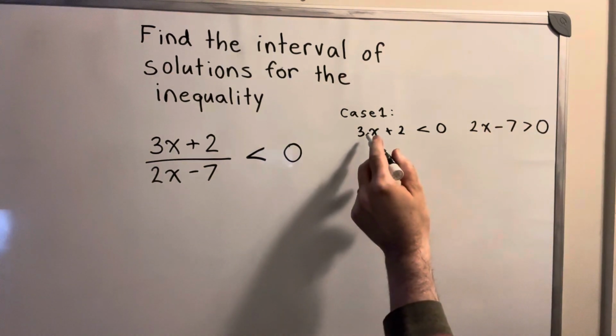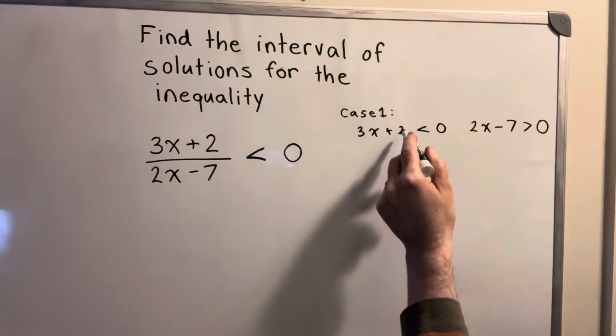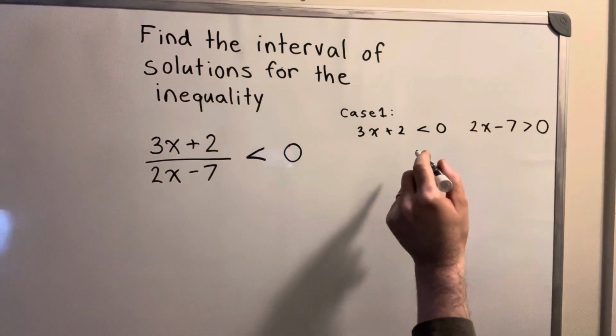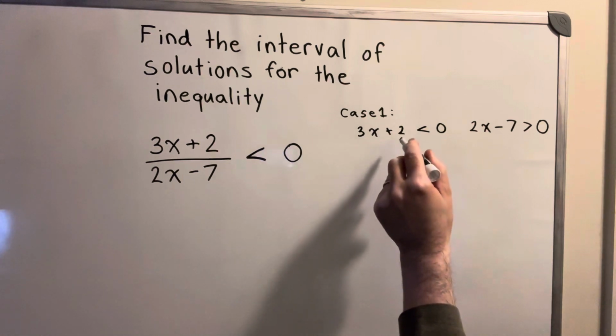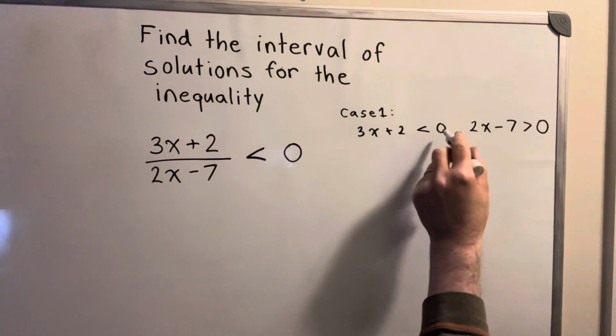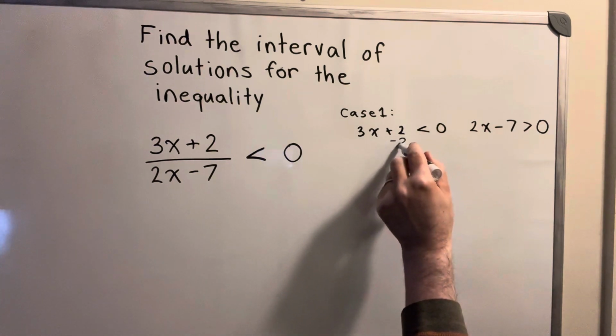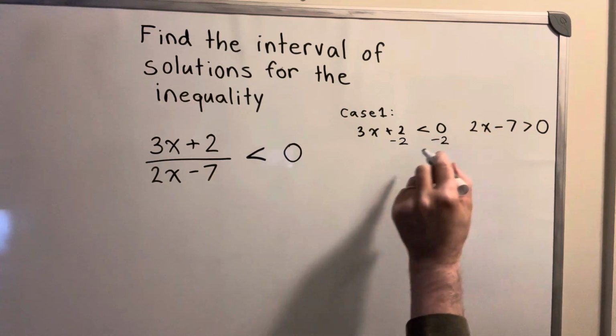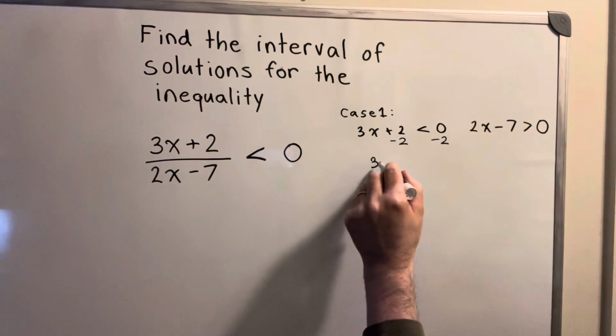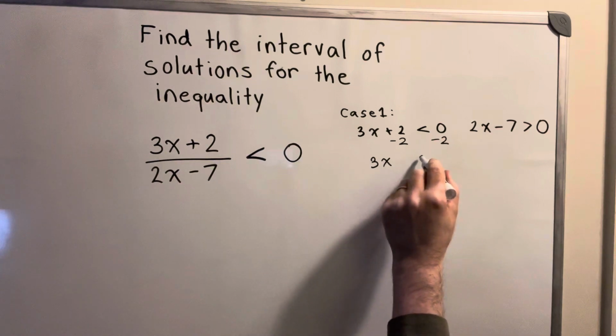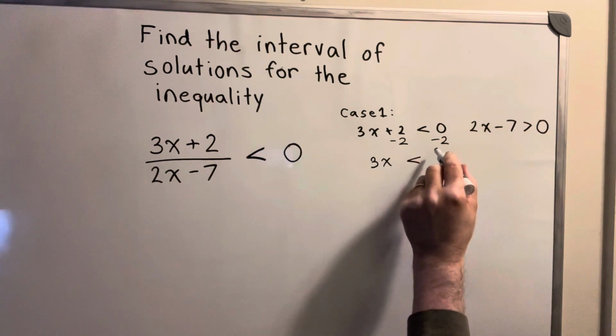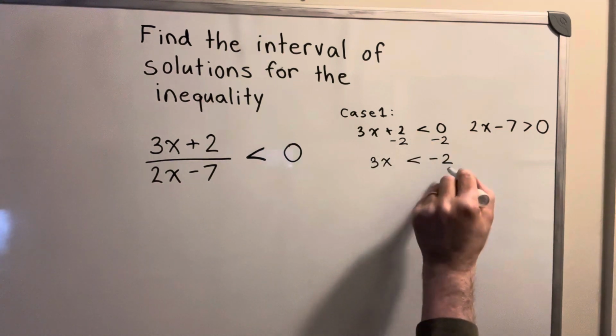So for this one, 3x + 2 less than 0. I want to get it just for x. So I can subtract 2 from both sides. Then I've got 3x is less than negative 2.